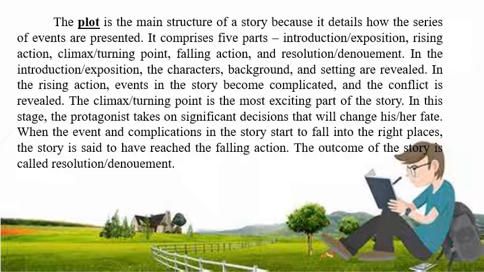In the rising action, events in the story become complicated and the conflict is revealed. The climax or the turning point is the most exciting part of the story. In this stage, the protagonist takes on a significant decision that will change his or her fate. When the events and complications in the story start to fall into the right places, the story is said to have reached the falling action. The outcome of the story is called resolution or denouement.